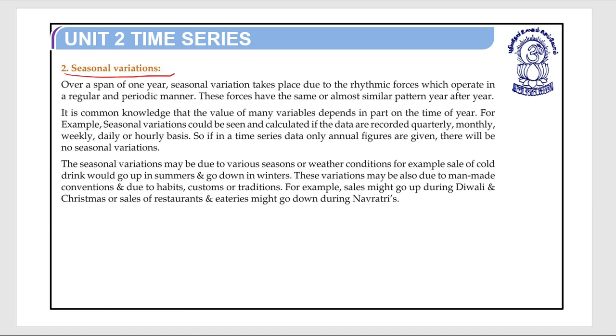Second is seasonal variations. Over a span of 1 year, seasonal variation takes place due to the rhythmic forces which operate in a regular and periodic manner. These forces have the same or almost similar pattern year after year. It is common knowledge that the value of many variables depends in part on the time of the year.